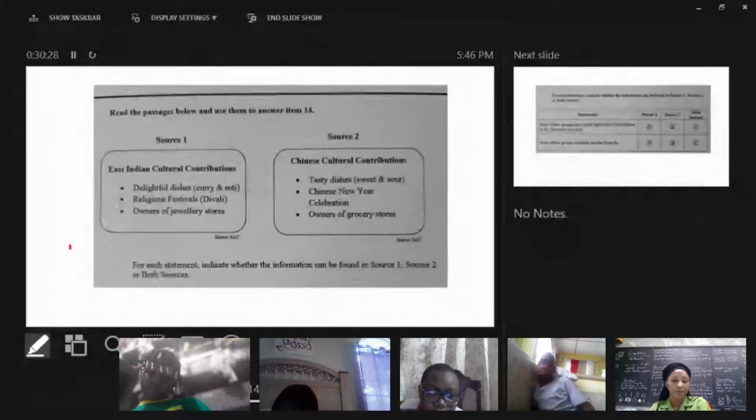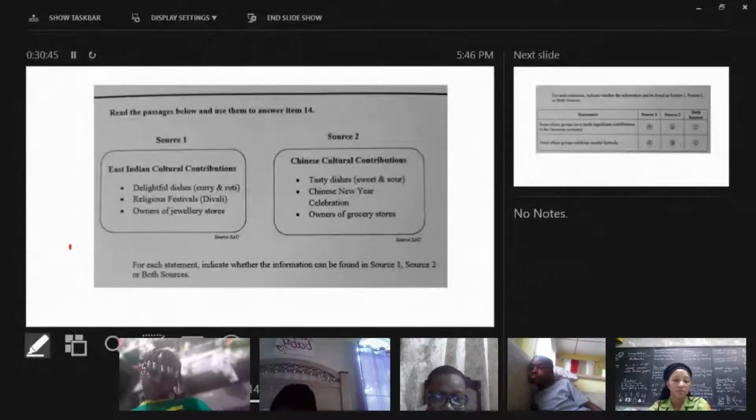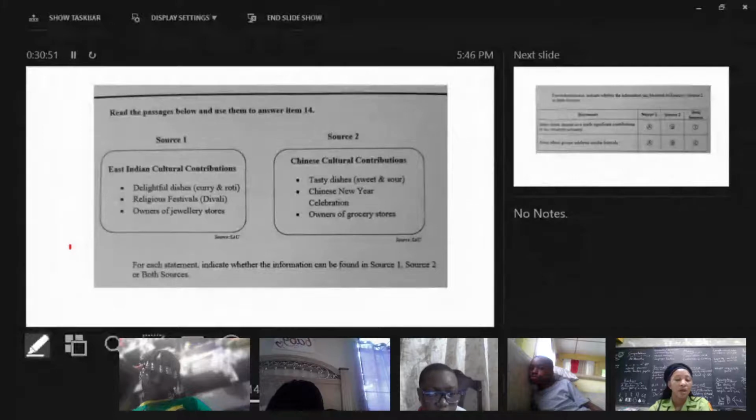Source 2. Chinese cultural contributions: tasty dishes, sweet and sour, Chinese New Year celebration, owners of grocery stores. For each statement, indicate whether the information can be found in source 1, source 2, or both sources.